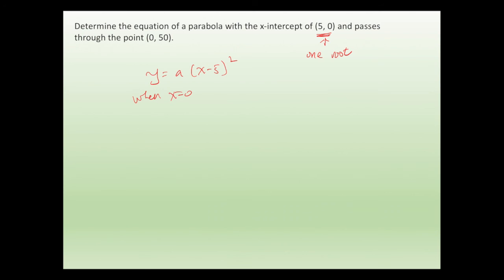When x = 0, y = 50. So y = a(0 − 5)², which is 25a. Oh actually, sorry, this is 50. A is therefore 2. So this equation is y = 2(x − 5)².